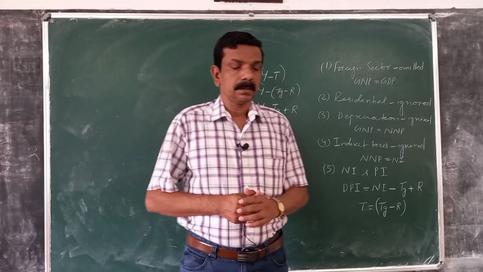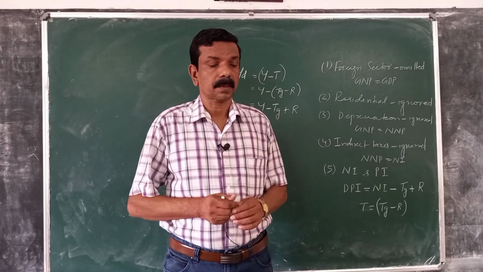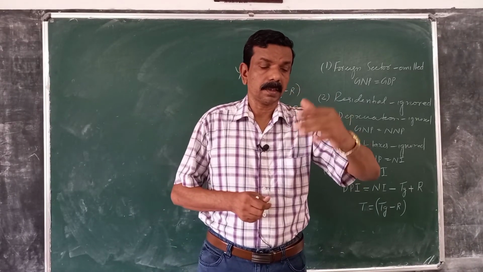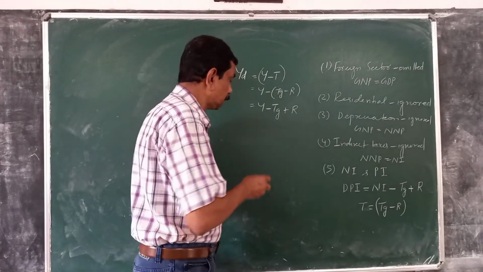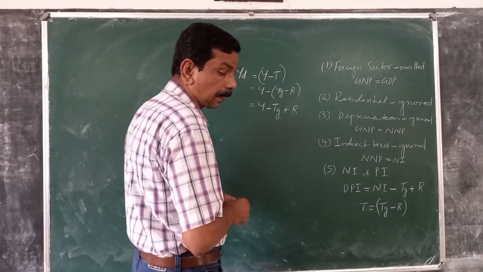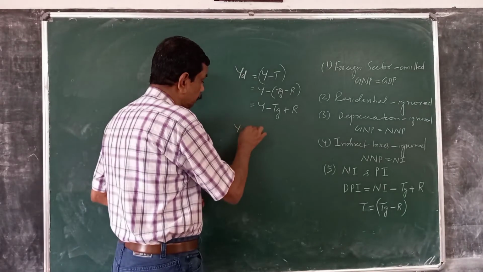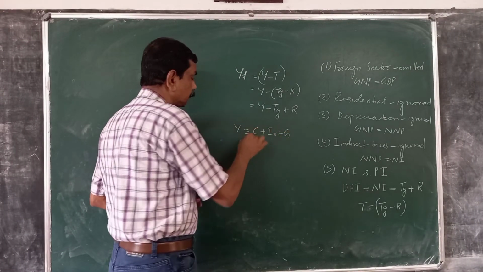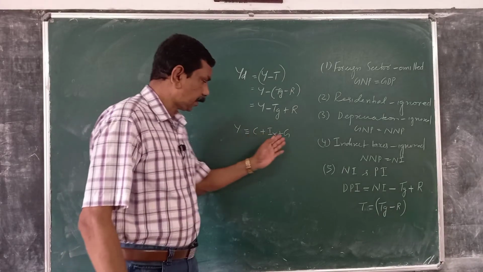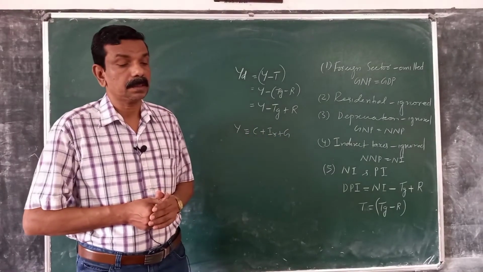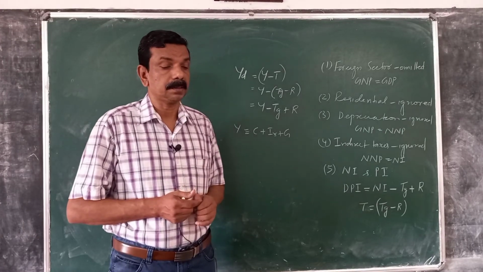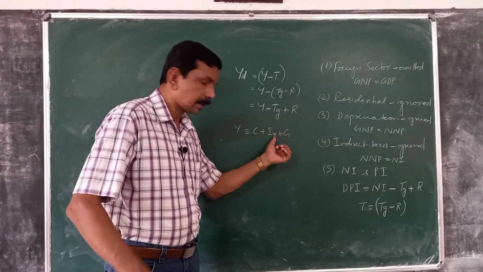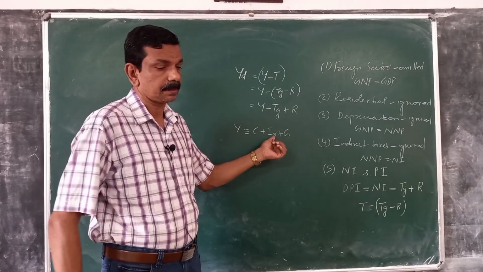Now with these simplifications, we can write the following accounting identities in a three-sector economy. From the product side, Y is equal to C plus IR plus G, and as I told you earlier, IR is realized investment.